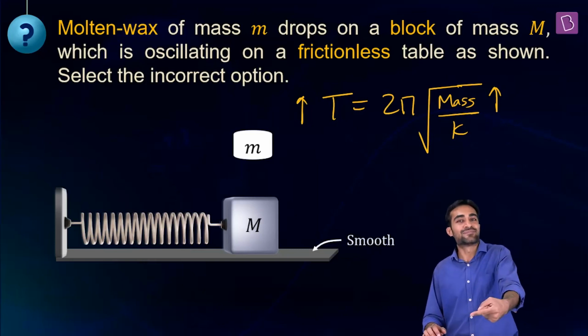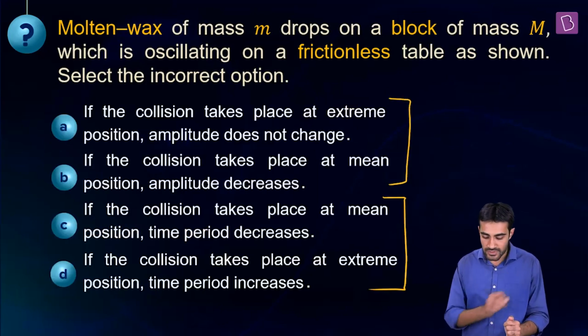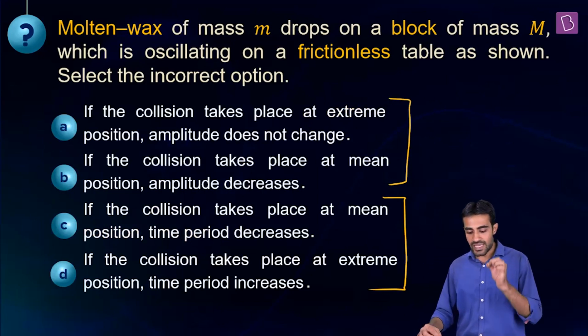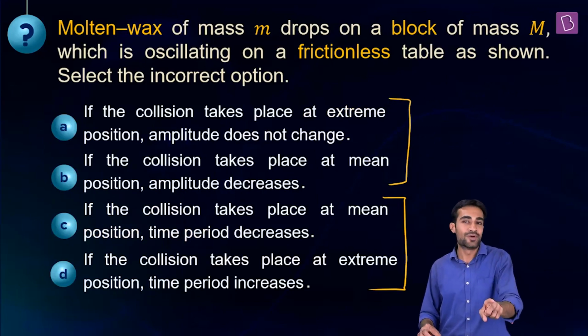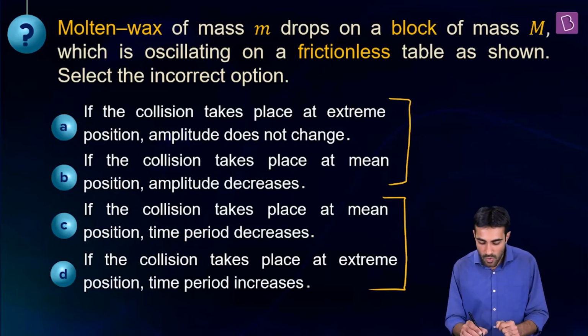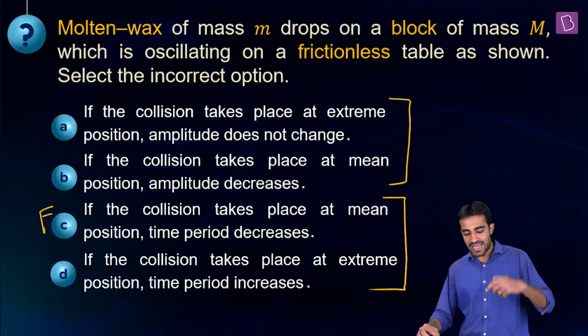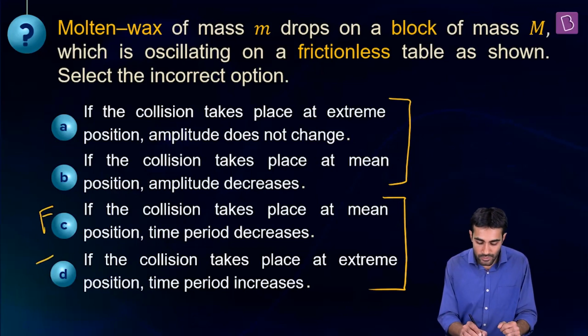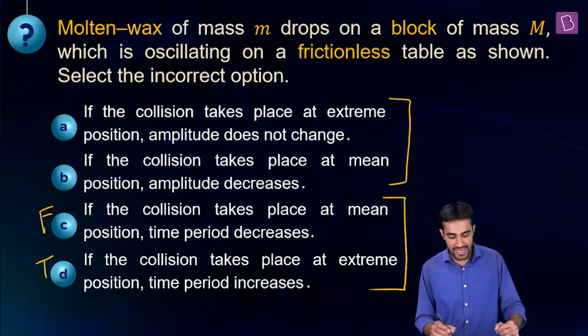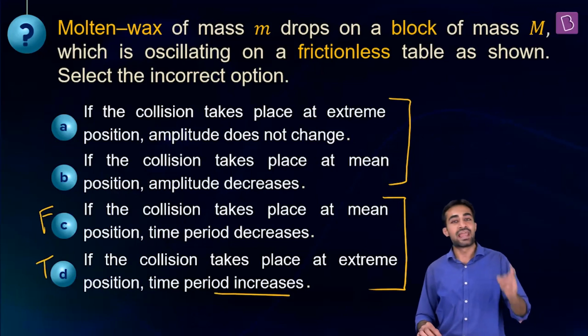So let's read the options. Option C: if the collision takes place at the mean position, time period decreases. Will it decrease? No, it will increase. So option C is false. Option D: if the collision takes place at the extreme position, time period increases. Yes, time period will increase. Although the position does not matter, as it is written that time period increases, it is true.